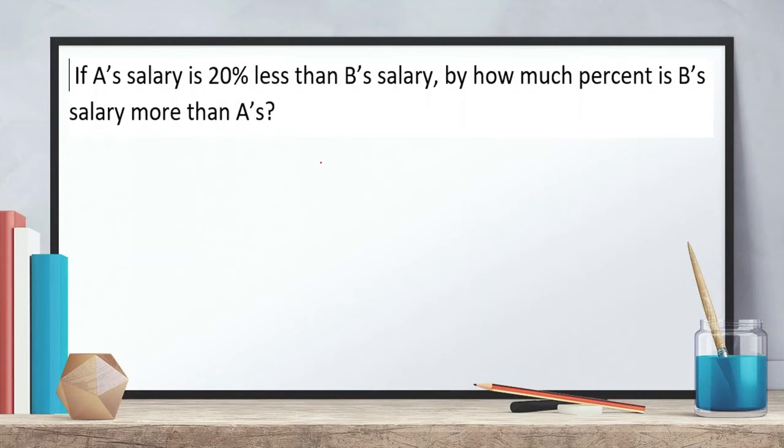So what is given here? It is given here A's salary is 20% less than B's salary. So 20%, we know 20% is equal to 1 by 5.